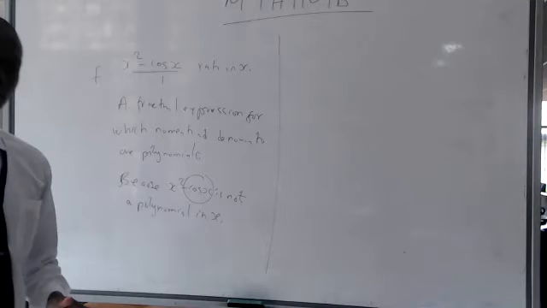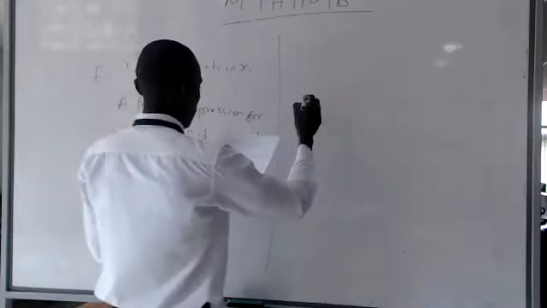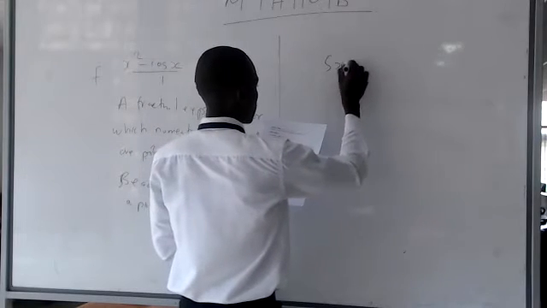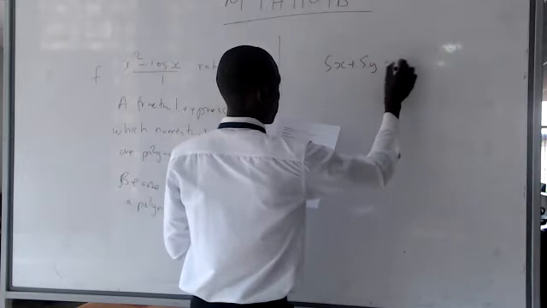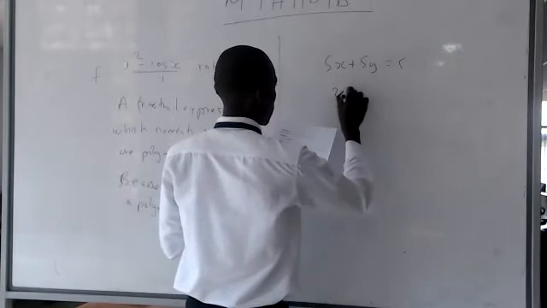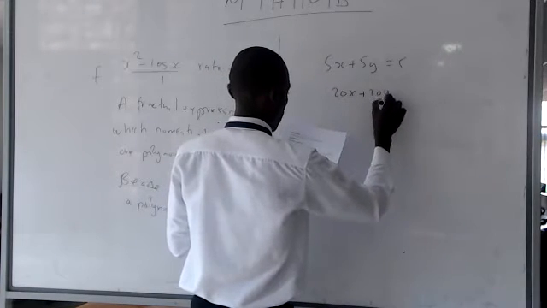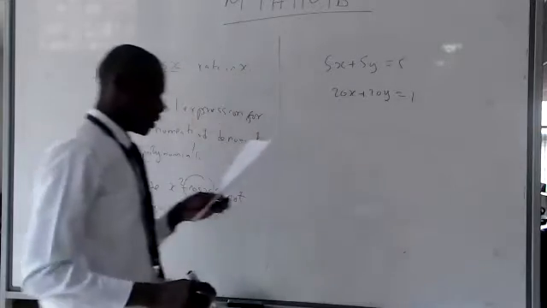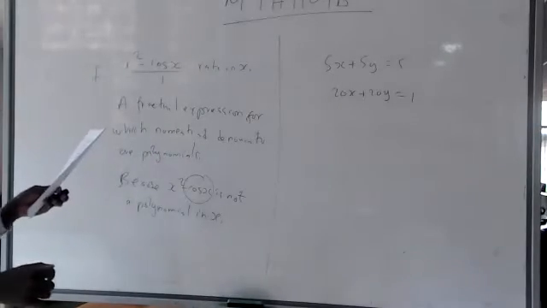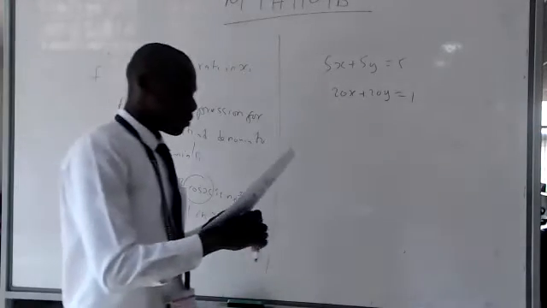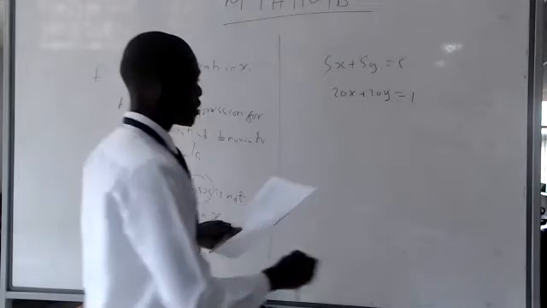Yes. Good. Second one, you have that this system 5x plus 5y is 5, and 20x plus 20y is 1. It says this system is solved by the ordered pair (x, y) equals (10, 6).